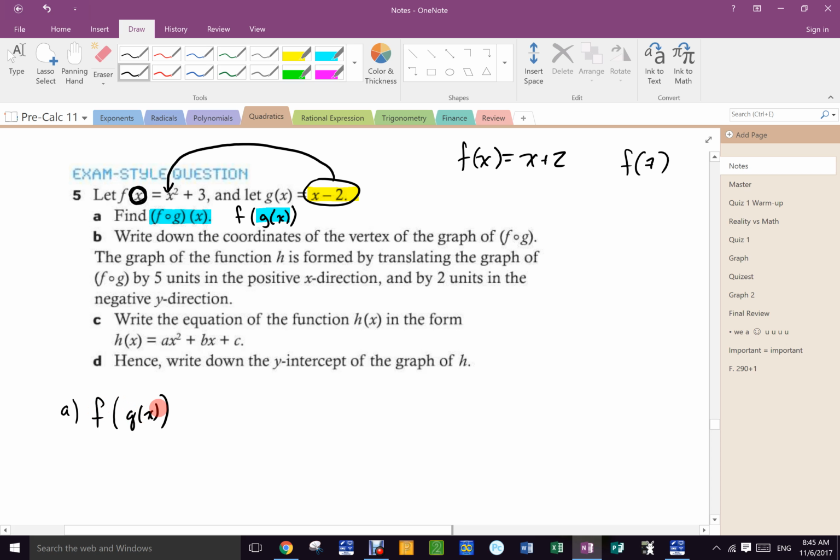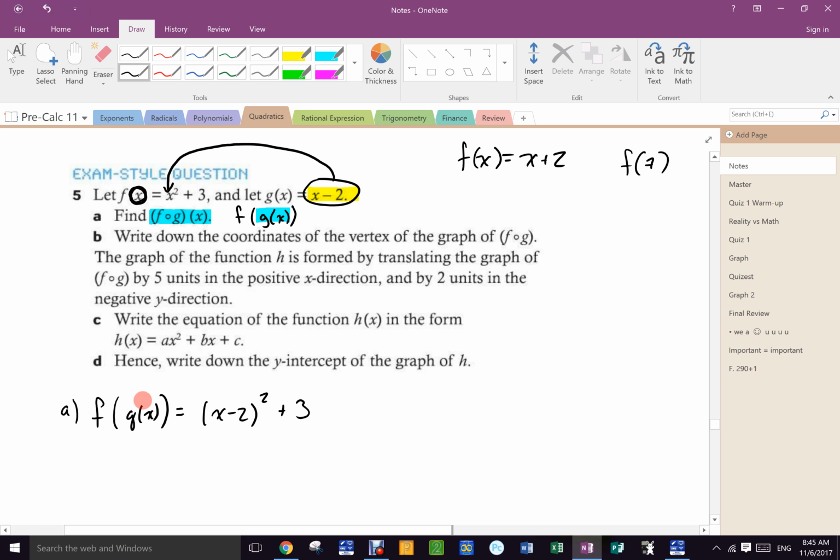So I must need the f of g of x, which means in my f function, what does every x get? Just like the arrow that I drew for you shows, it gets x minus 2 squared plus 3.